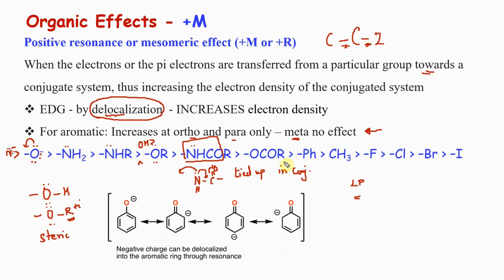Otherwise you can see, if you take this group, again the same O, C double bond O, R. Compared to this OR, this is lower, even though it is attached to a carbon, because it wants to give, but the electron is also tied up in conjugation here. Just like here, it is tied up in conjugation.